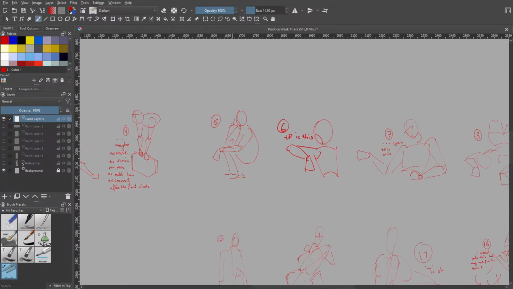This one here, for example. Center of gravity, very clearly behind the head here. These legs, the way I've drawn them, they would never be able to support this, which is why this looks weird.